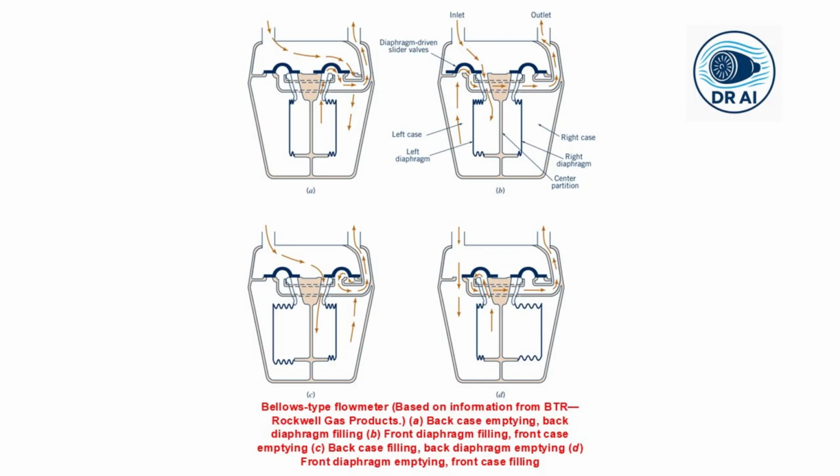In part B, the valves switch and the process reverses. In parts C and D, the cycle continues. So for each complete cycle of the bellows filling and emptying, a known volume of gas passes through the meter. Linkages connect the bellows to the dials on the outside, giving you a reading of the total volume used.